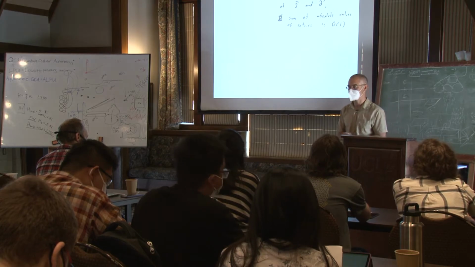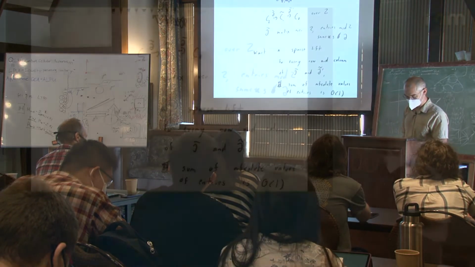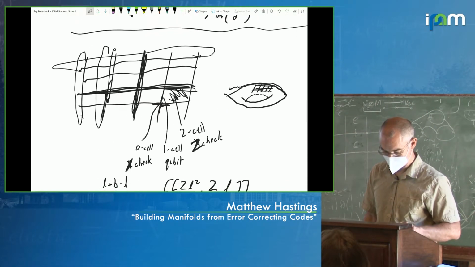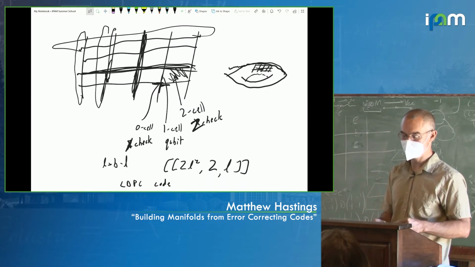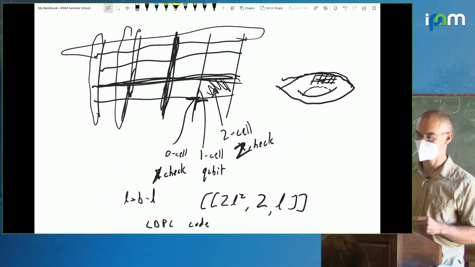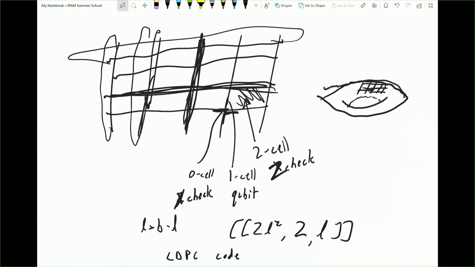But the other reason you should expect that we'll need it is that if you go back and look at this picture, you realize that not only does the cellulation in the manifold give you a chain complex, as here, it actually gives you a chain complex over integers, because you can say the boundary of this 2-cell is not just the sum of those edges, but the sum of those edges with some particular orientation.